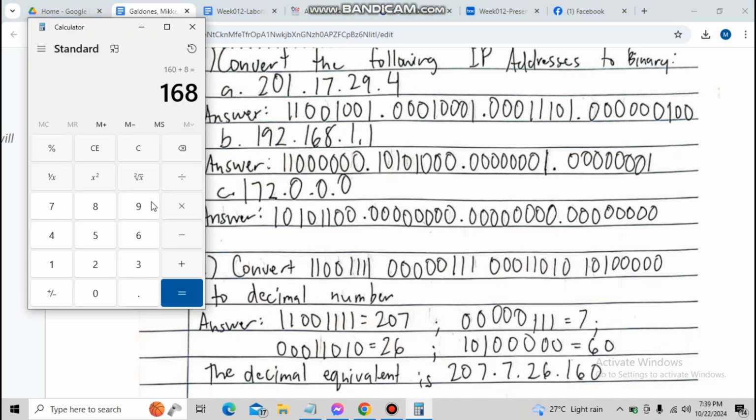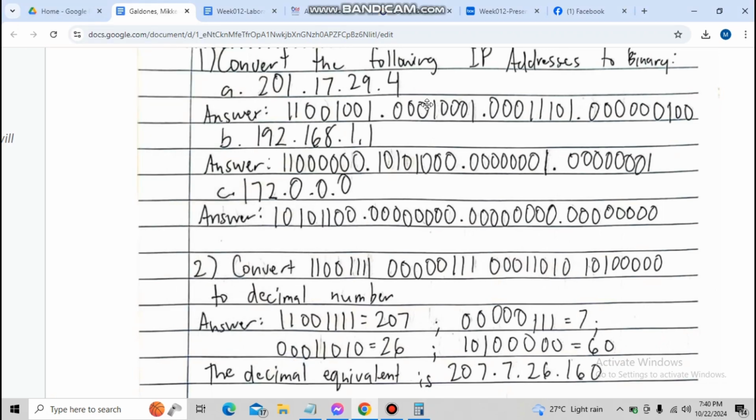So let's check on the calculator to see if our answer is correct. 128 plus 32 plus 8 plus 4. And there we have it, 172.